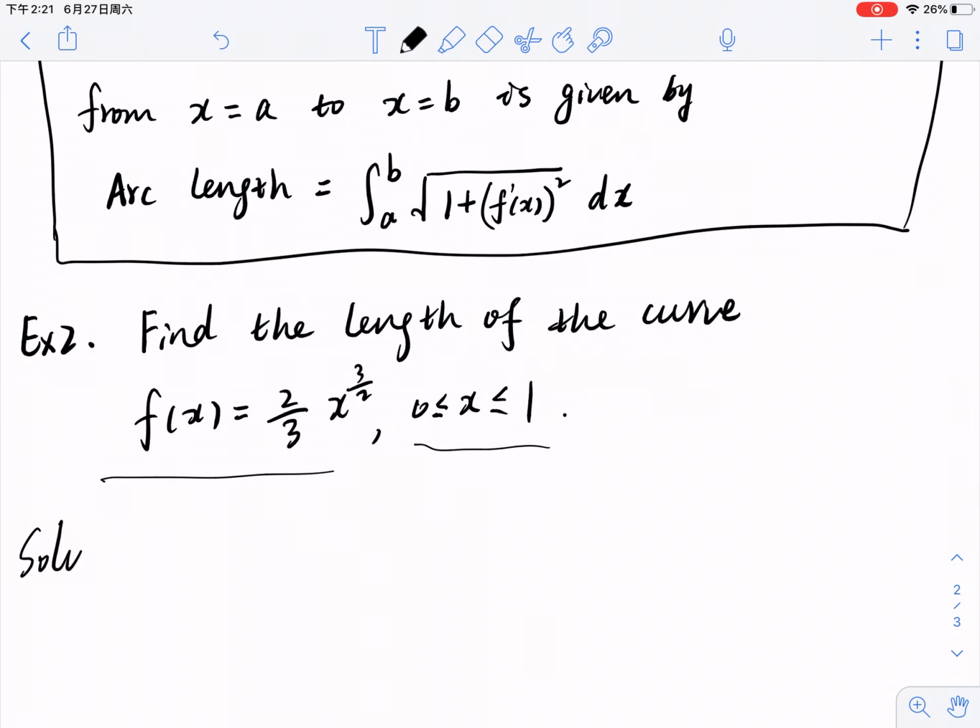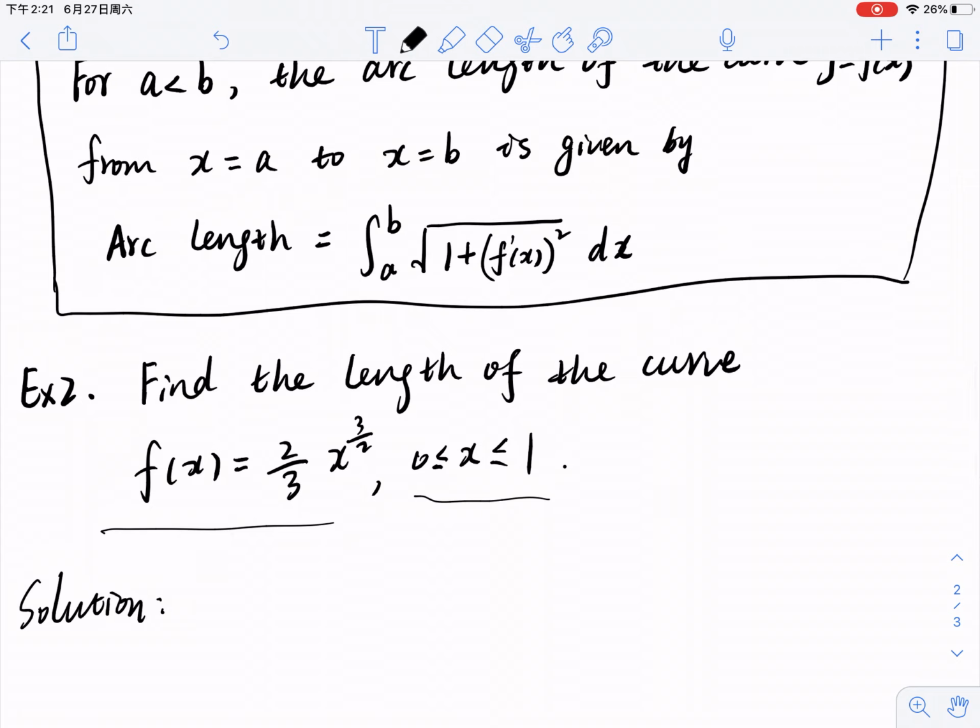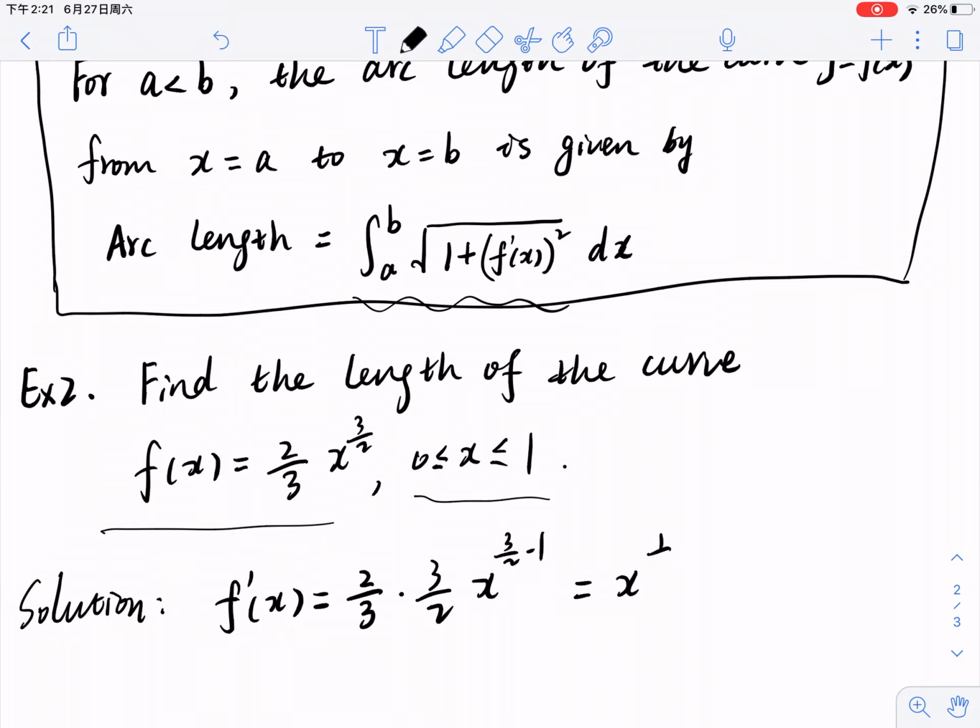For this example, we use the arc length formula directly. To use this formula, we need its derivative f prime x. So this is 2/3 times 3/2 x to the 3/2 minus 1, so this is x to the 1/2.